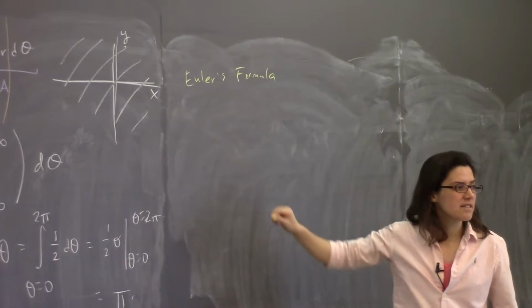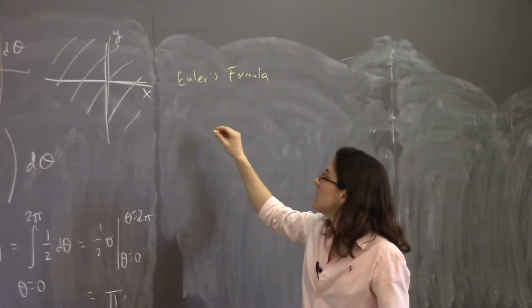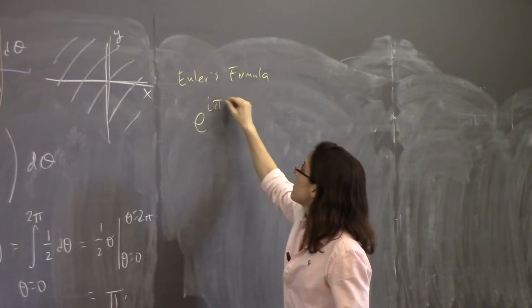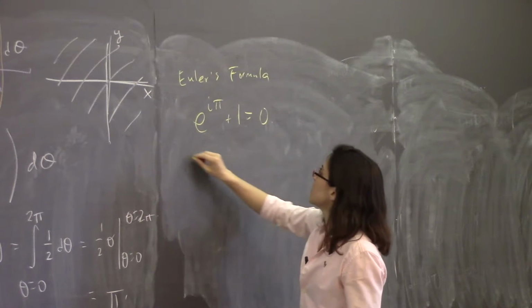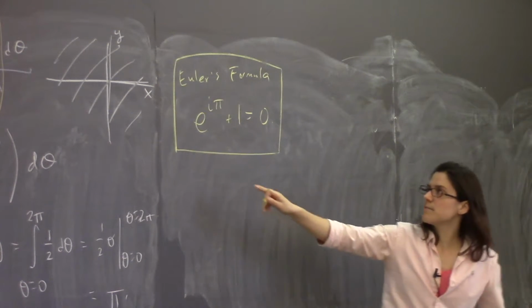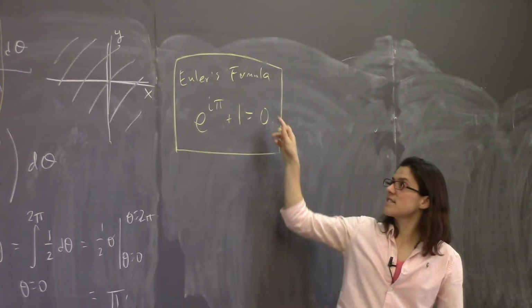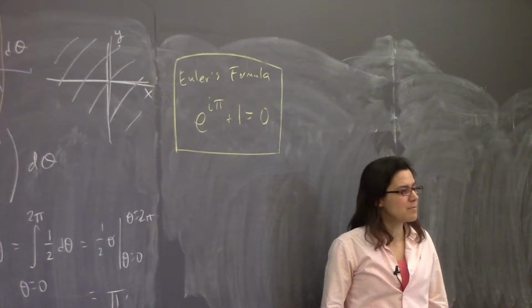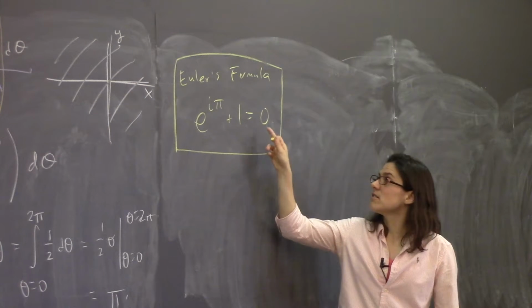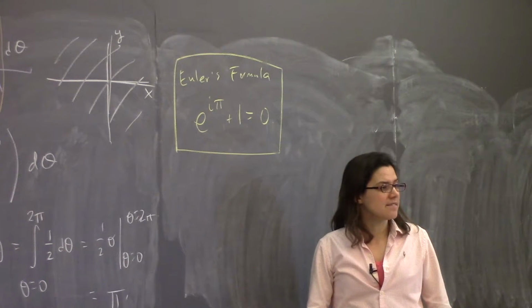Anybody remember what it is? Yeah, e to the i pi plus 1 equals 0. Okay, so that's not relevant for what we're doing today because in particular it has an imaginary number in it. But it relates all the most important numbers in mathematics. 0, 1, pi, e, and the imaginary number i.